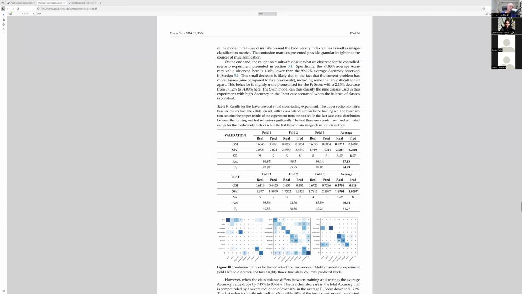When I did my random subdivision, I ended up with a 94.99, 95% F1 score. Okay. When I do this more realistic type of testing, my F1 score falls off a cliff. From 92 to 49, from 85 to 68, and from 97 to 37 in the same number of fold, which ends up with an average of 51.77.